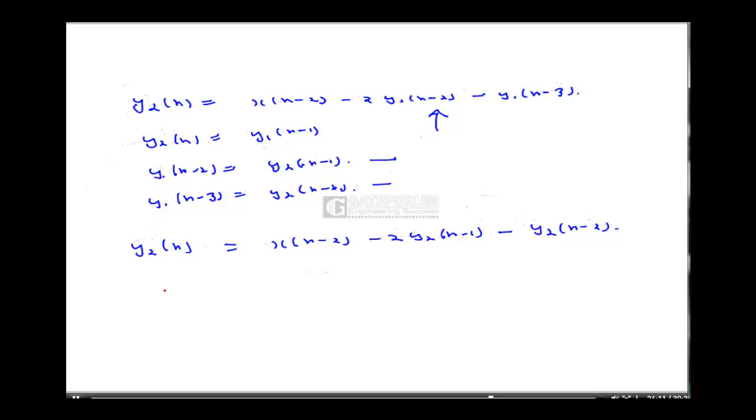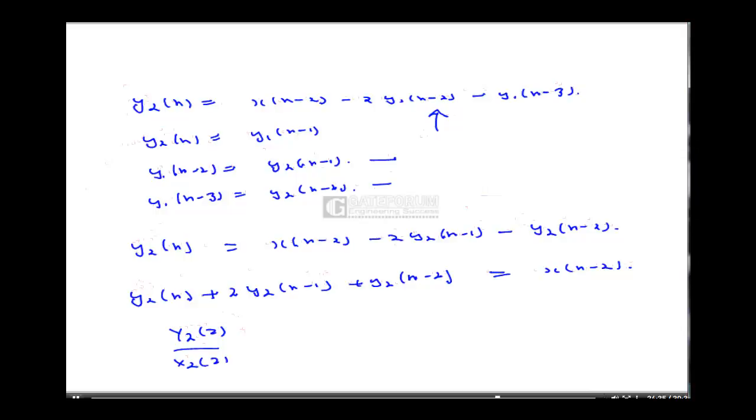Taking the terms on the left hand side, y2n plus 2 times y2 of n minus 1 plus y2 of n minus 2 is equal to x of n minus 2. With this, y2z upon xz can be written as z to the power minus 2 upon 1 plus 2z to the power minus 1 plus z to the power minus 2. Simple.